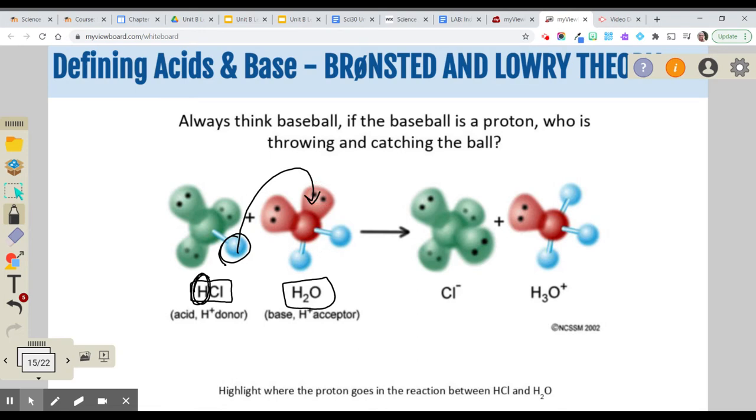So the water now, as a product, has 3 of these blue circles, which are representing the hydrogens. 1, 2, and then it gained one over here. So the water is the hydrogen acceptor, and the acid here, hydrochloric acid, is the hydrogen donor. This leaves the hydrochloric acid with this chloride, and the water becomes hydronium.